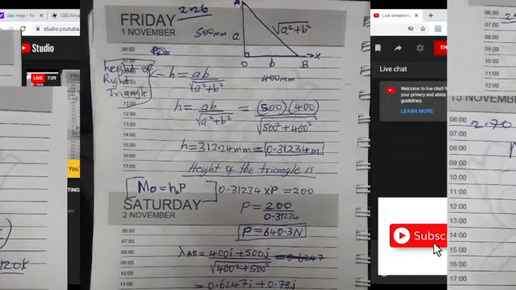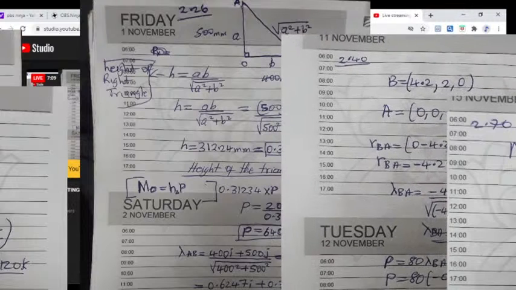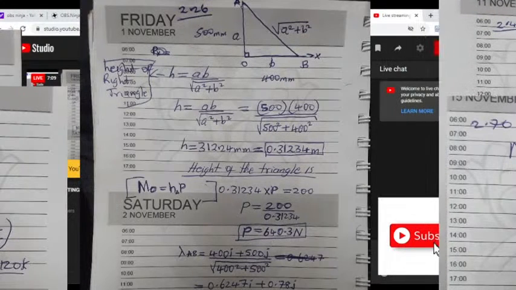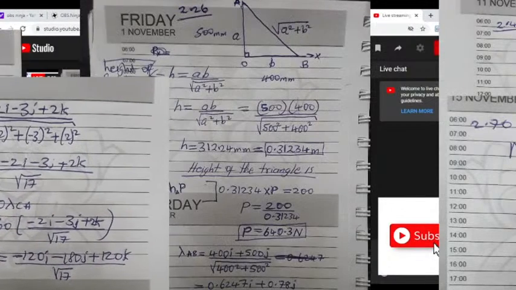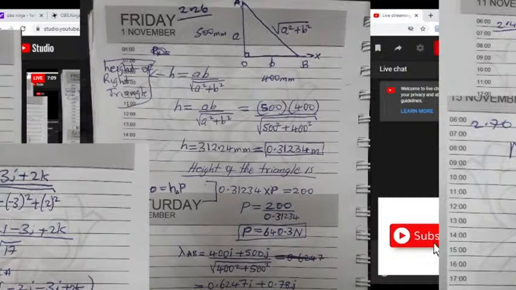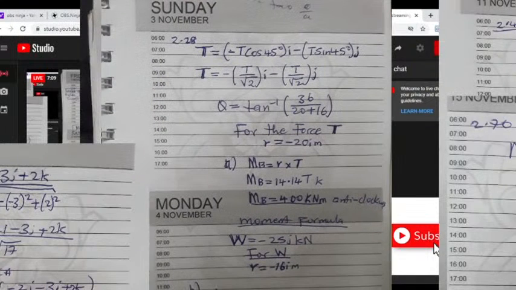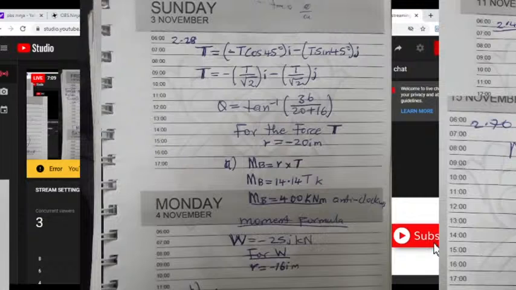I will improve my things this side. Let me check which one is 2.28. Oh no, this one is 2.4. I can't remember. Okay, yes, there it is, 2.28.